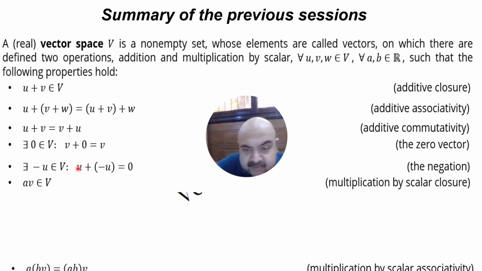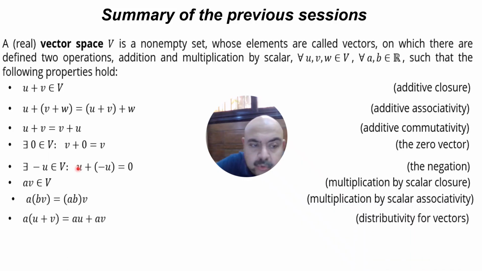The other 5 properties are all related to scalar multiplication. For example, if I have (1, 1) and multiply by 10, I will have the vector (10, 10), and still it's one of the vectors of R2. Also, if I have a(bv), it's exactly like having (ab) then multiplying by v.